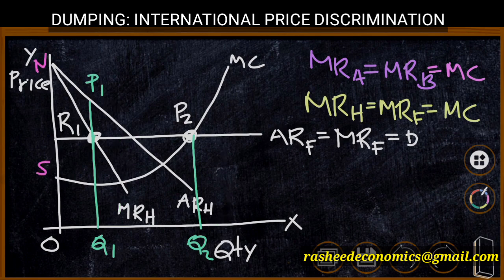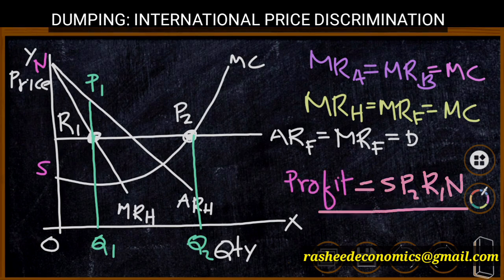In order to calculate the total profit of the monopolist, we need to consider the marginal cost SMC and the two average revenues ARF and ARH. From this diagram we can calculate the profit as SP2R1N.